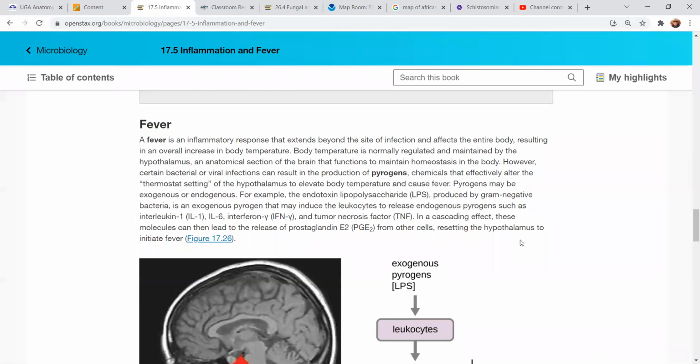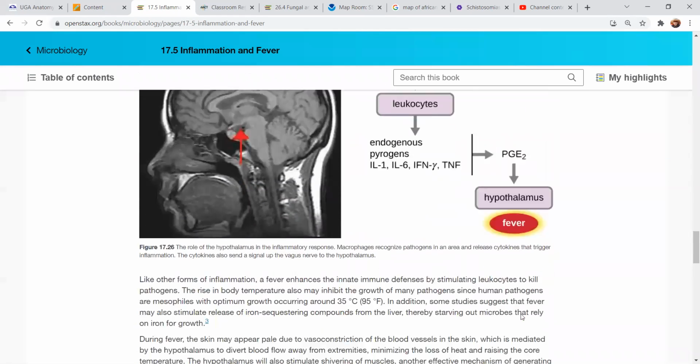Pyro meaning fire here, or heat, and gen meaning generation of. So we're getting the generation of heat. These basically make their way to the hypothalamus. They affect that setting, and body temperature will become elevated.